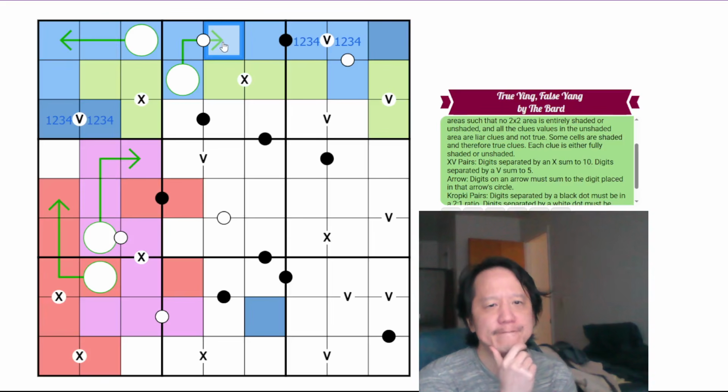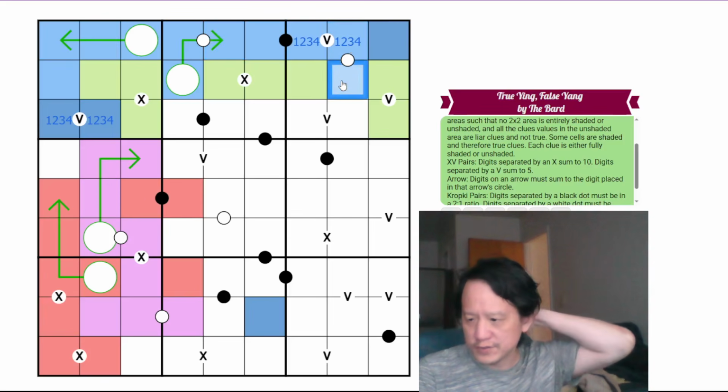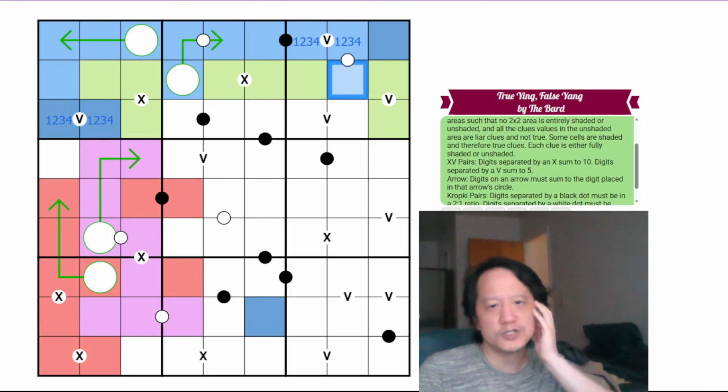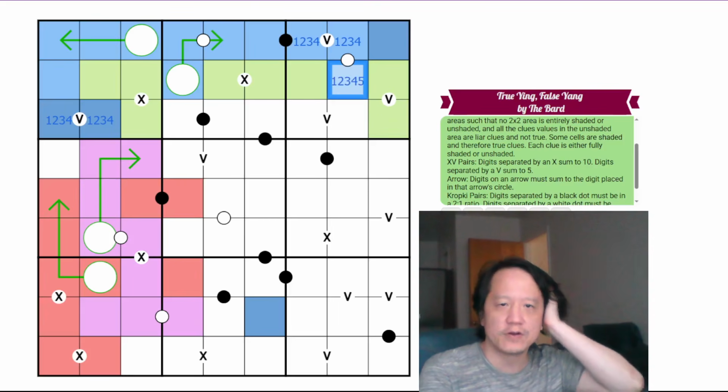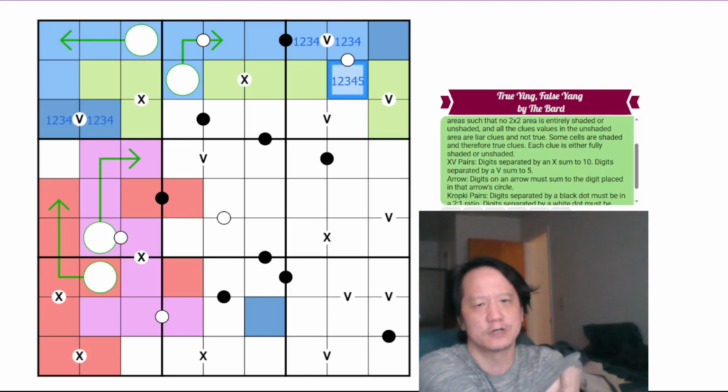Oh, that's interesting. This is consecutive with this. So this digit has to be 1 through 5 here, guaranteed, for that to work.